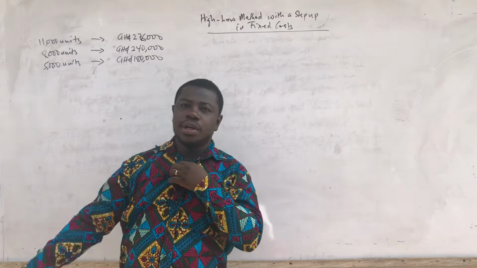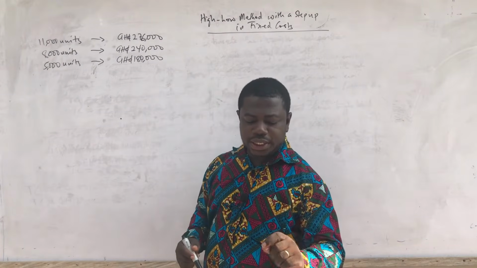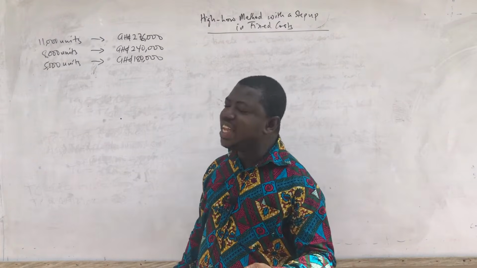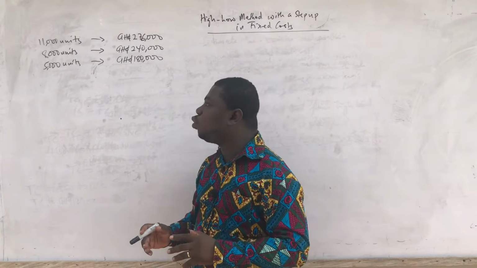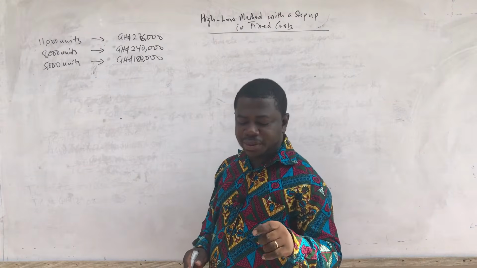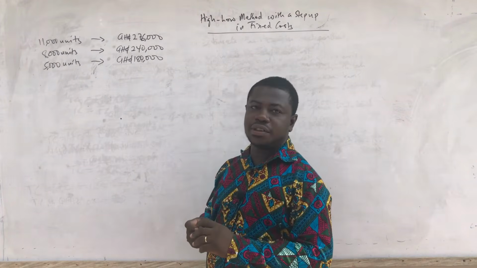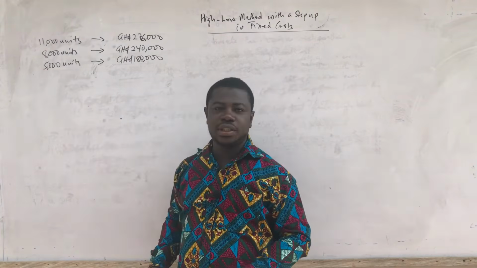This is not any of them. This is the middle. Now, take note of something. We are told that the company has identified that total fixed cost increased by 20%. This time, we are not given an absolute figure. We are given it in percentage. It increases by 20% when activity level reaches or exceeds 7,500. 7,500 will be in between 5,000 and 8,000.